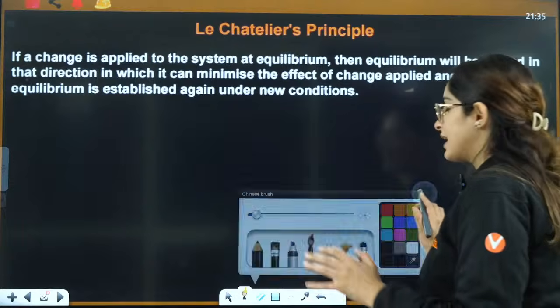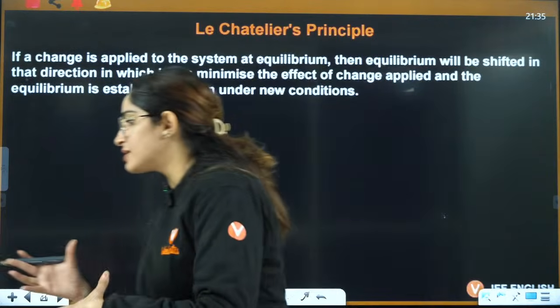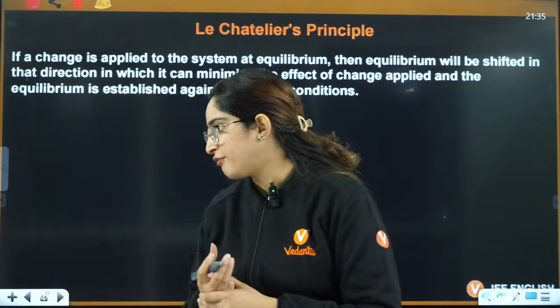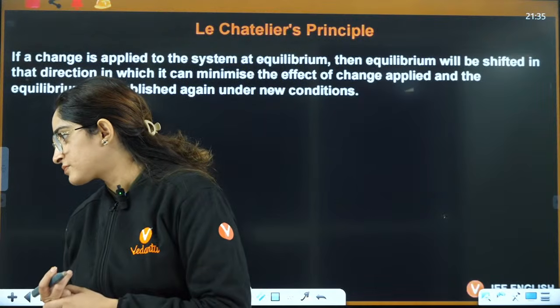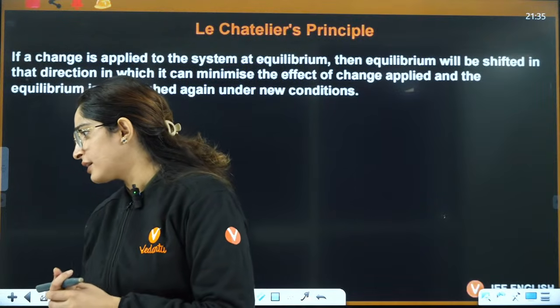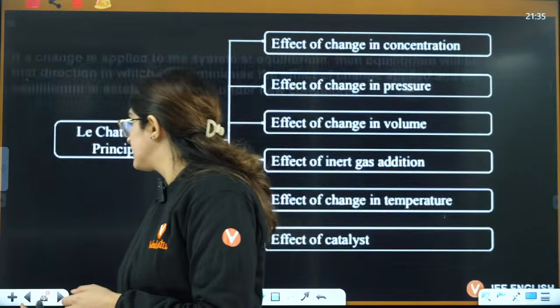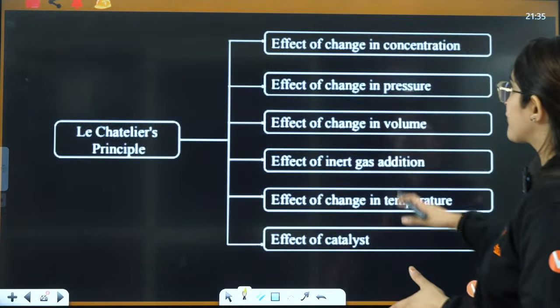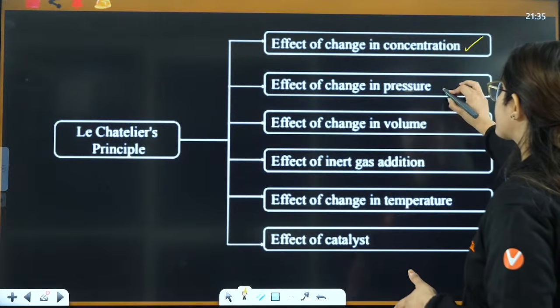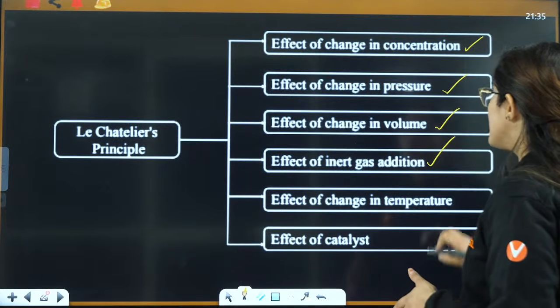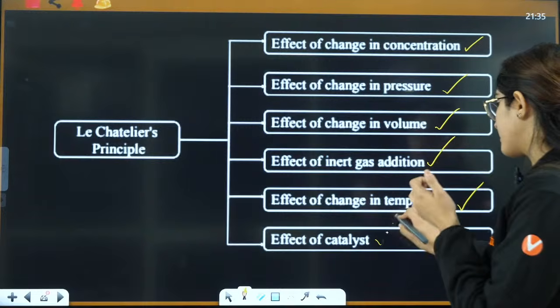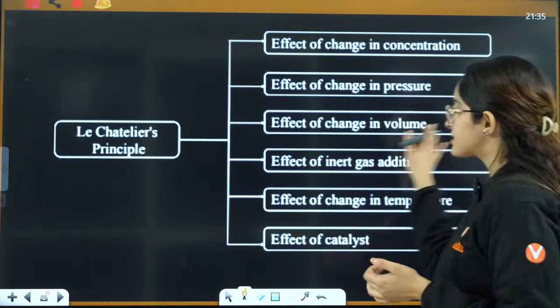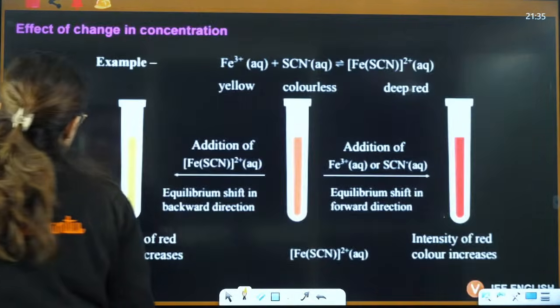So it will always try to reverse the effect that you have applied, right? Now, in Le Chatelier's Principle, we'll see all these effects: effect of change in concentration, pressure, volume, addition of gas, change in temperature, effect of catalyst.